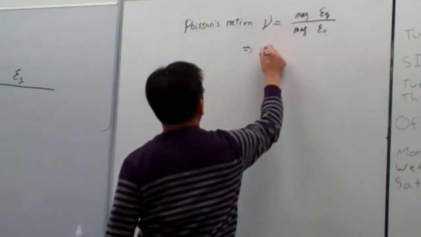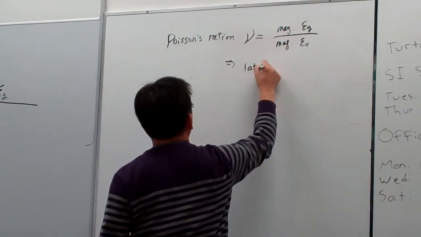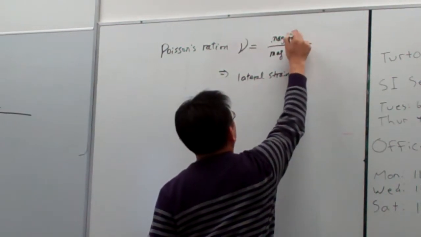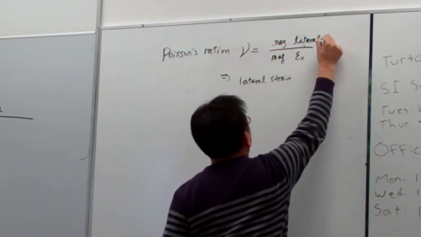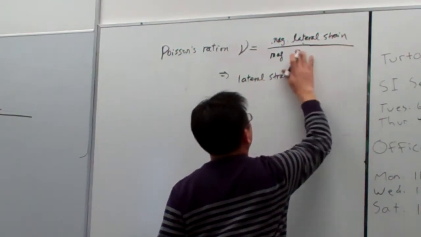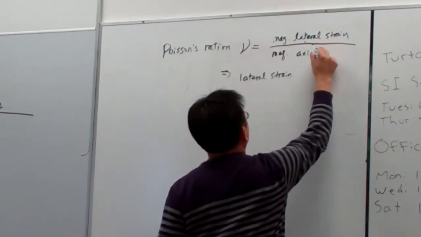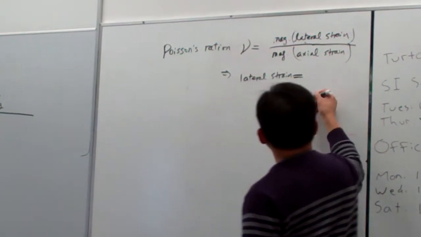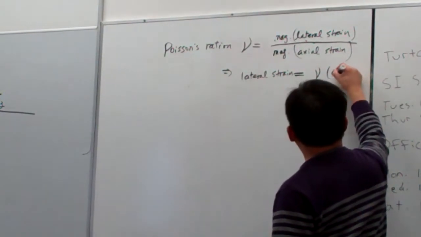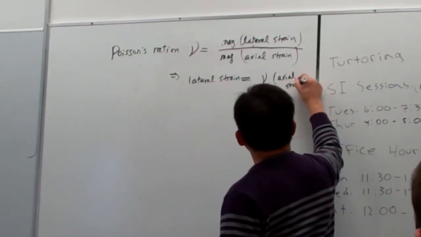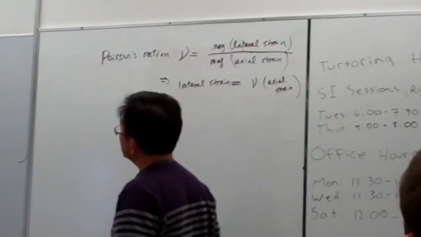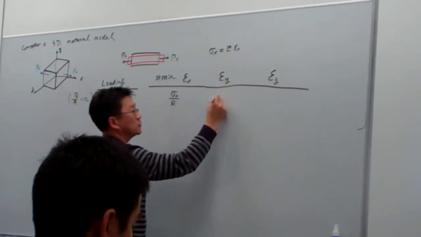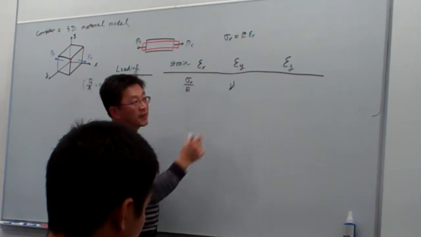So the lateral strain in magnitude is equal to nu times the axial strain.